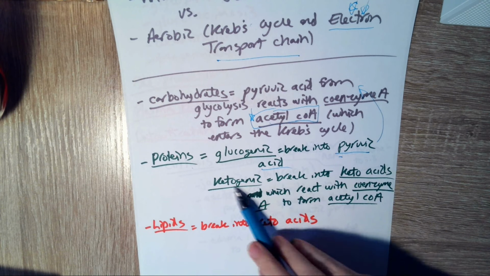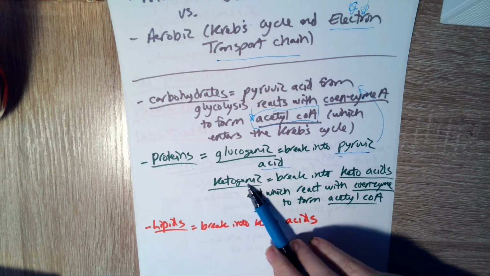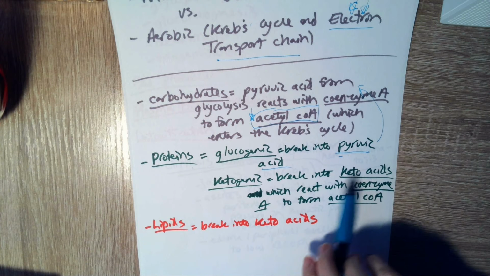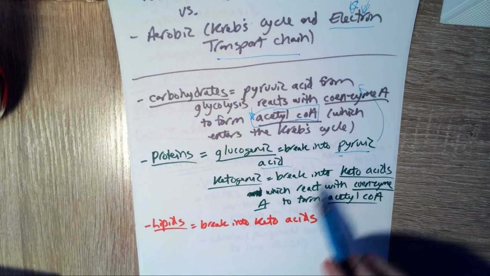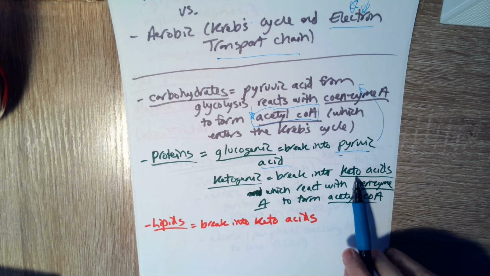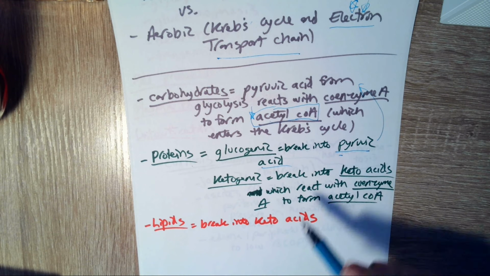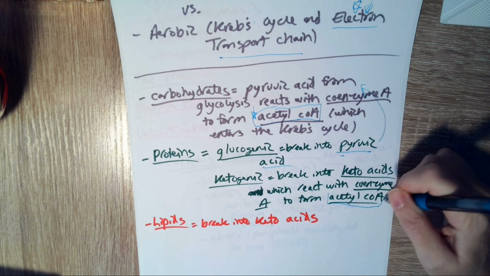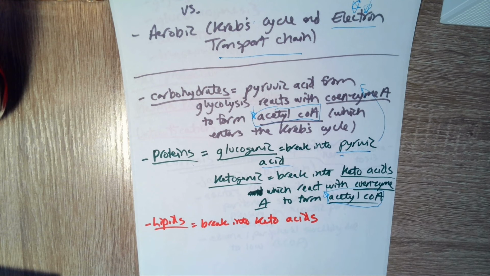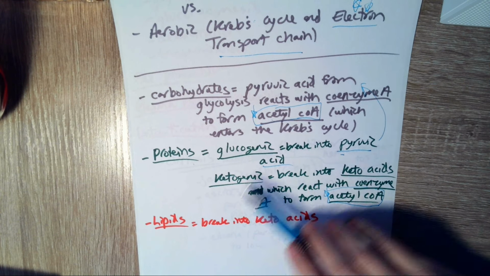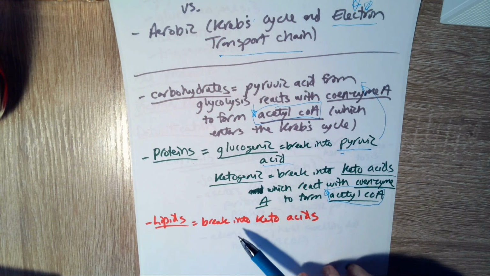But this is a bad byproduct of breaking down a ketogenic protein, would be forming these keto acids. Now, in order to make the energy out of the keto acid, you react them with coenzyme A, and they turn into acetyl-CoA. So there's acetyl-CoA again. That's what's going to go into the Krebs cycle with ketogenic proteins or ketogenic amino acids.